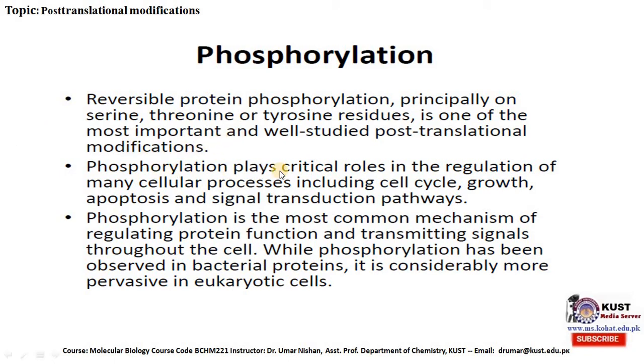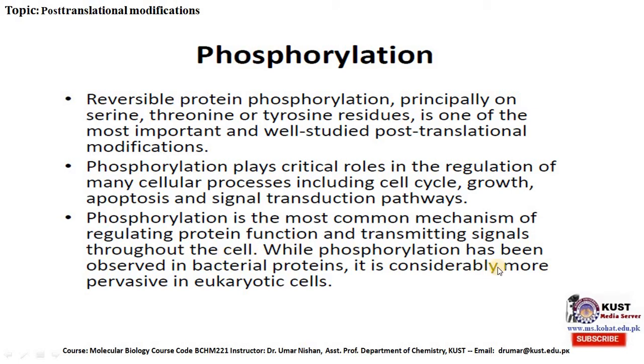Phosphorylation plays critical roles in the regulation of many cellular processes, including cell cycle growth, apoptosis, and signal transduction pathways. Phosphorylation is the most common mechanism of regulating protein function and transmitting signals throughout the cell.